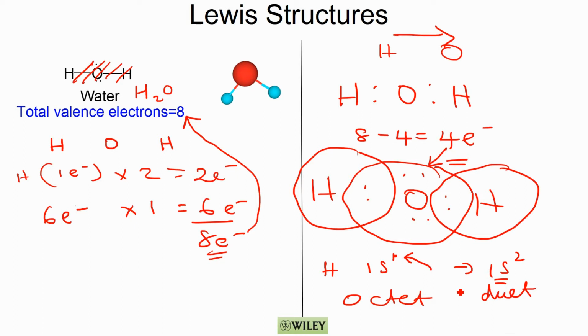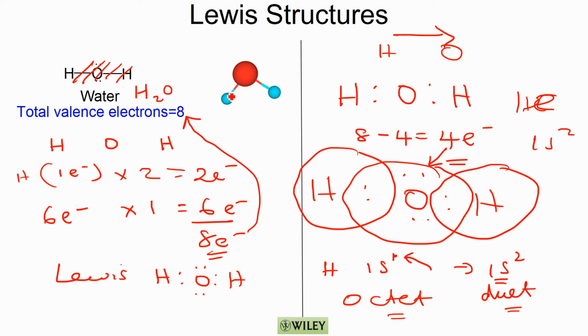You have the octet state, stability for the filled outermost orbital, or the duet state, stability for hydrogen or helium. Helium is a noble gas with the electronic configuration 1s2. So the Lewis structure of water is going to be H, O, H, with oxygen having 2 lone pairs of electrons.